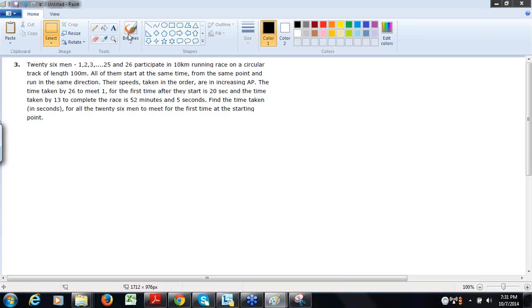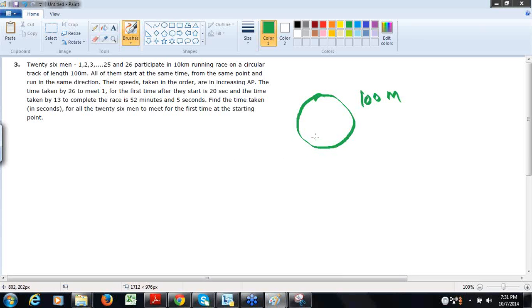Okay, let me move to question number 3. So question number 3, what is it saying? It is saying that 26 men, 1, 2, 3, 4, 5 till 26, participate in a 10-kilometer race on a circular track of 100 meters.